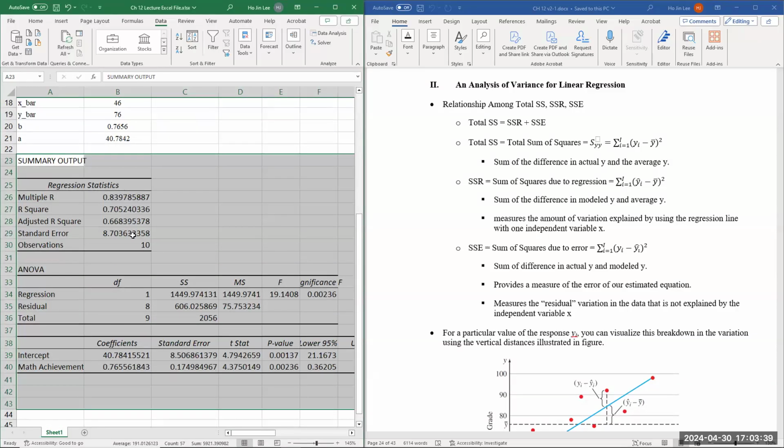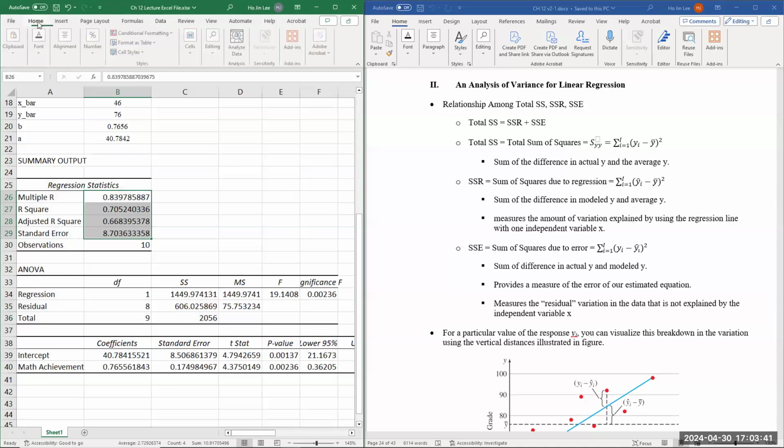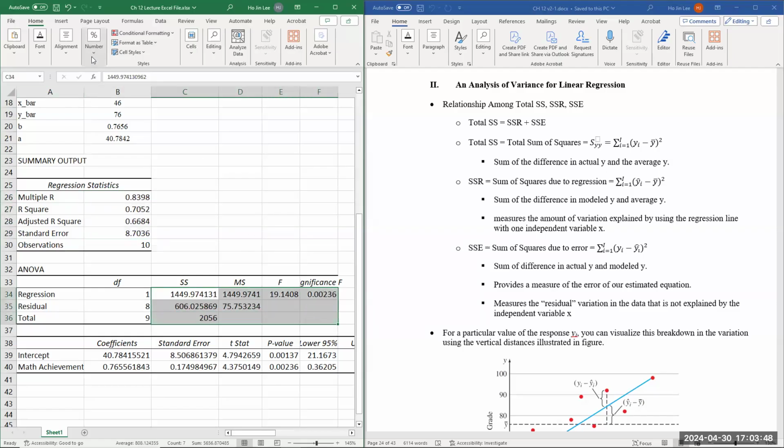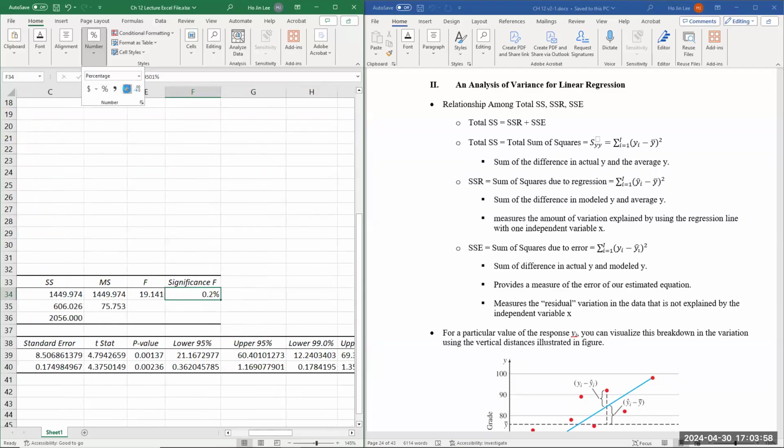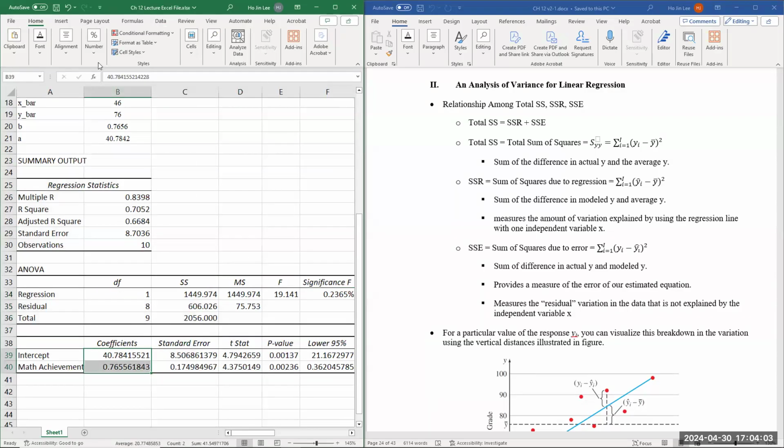I'm going to format it a little to make it cleaner to look at. Bear with me. This is the percentage. Standard errors, stats.